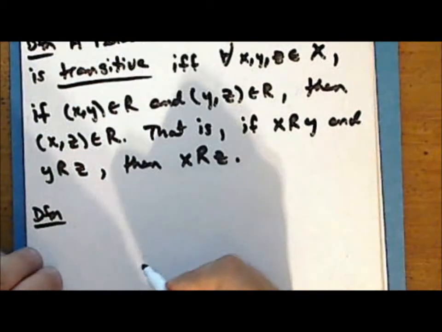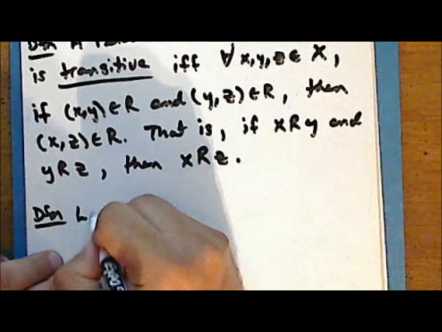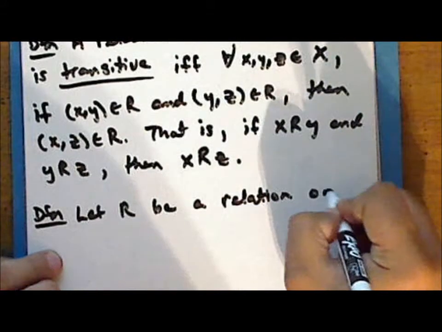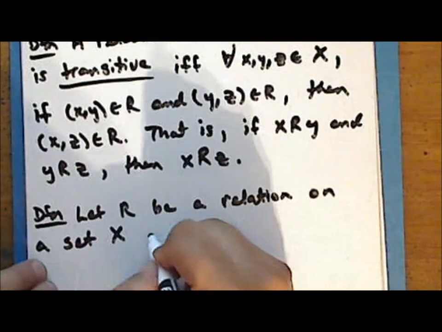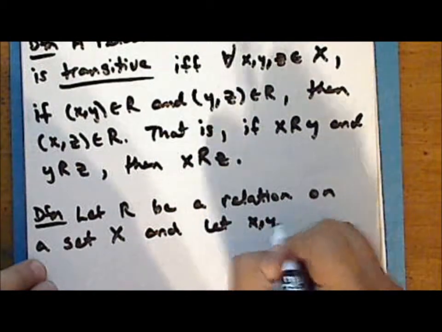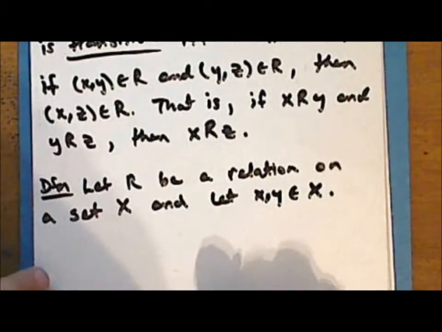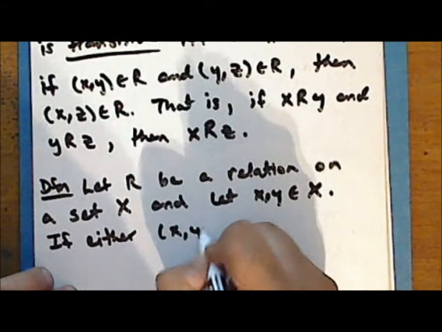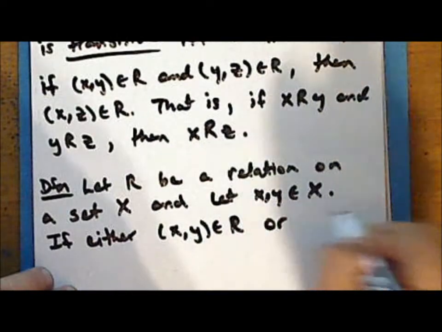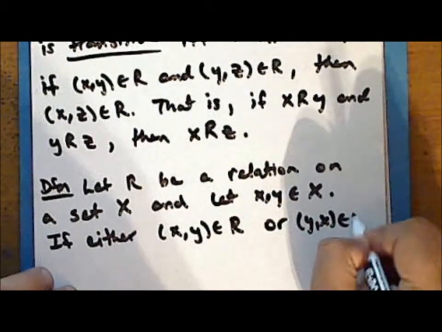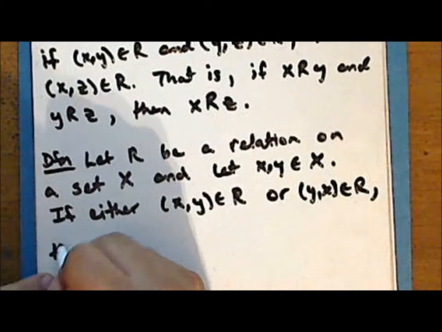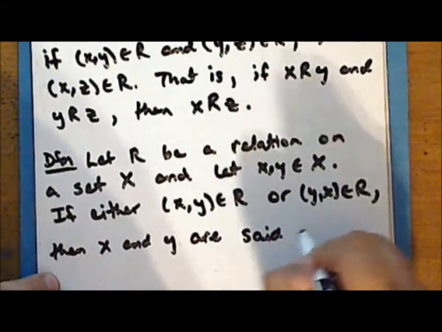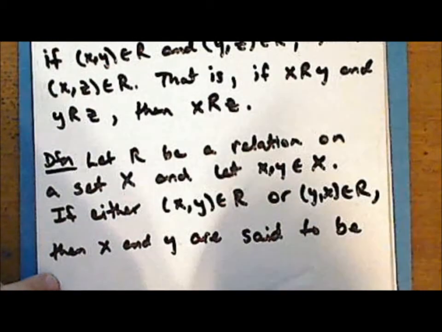Okay, new definition. Let R be a relation on a set X, and let X and Y be two elements in the set X. If either the ordered pair XY is in the relation or the ordered pair YX is in the relation, then the elements X and Y are said to be comparable.